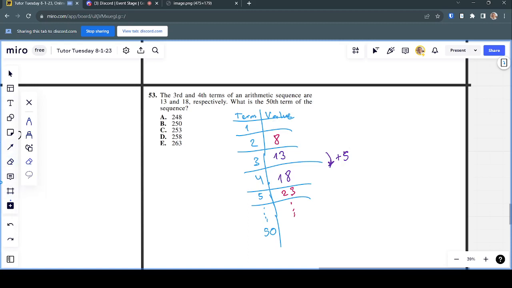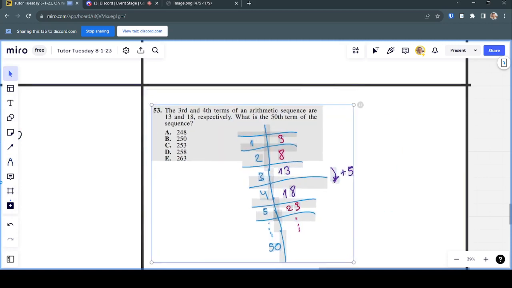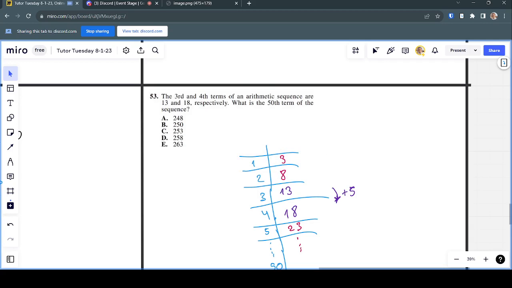And what I see here is, if I make this one even higher, let me move everything down here. So in my table, I have the terms on the left side and the corresponding values on the right side.